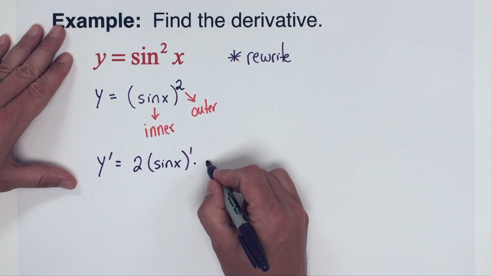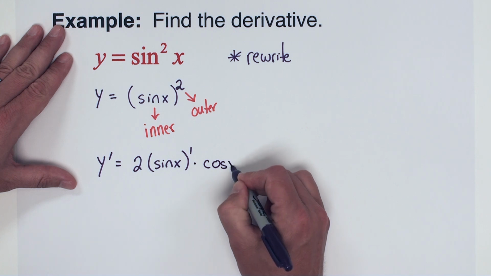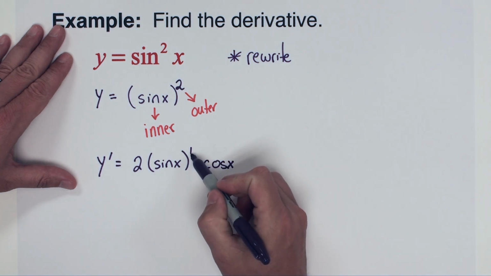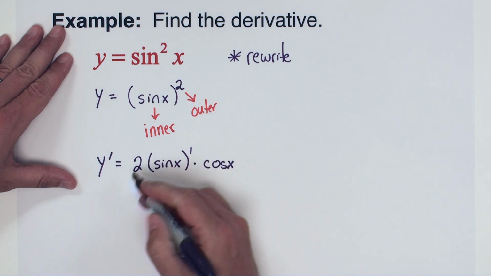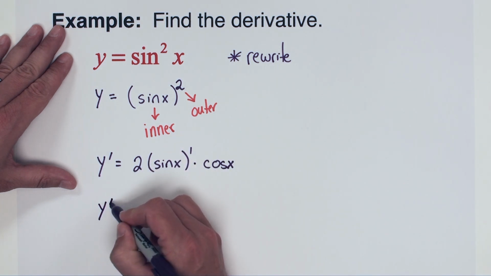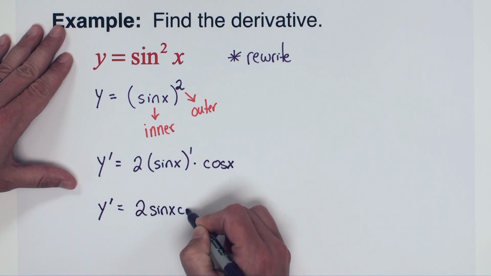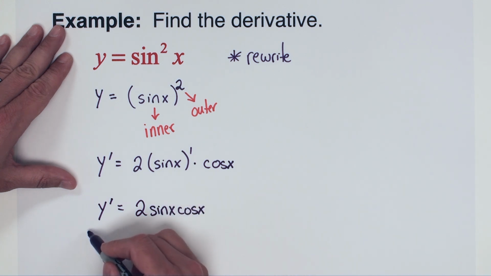So the derivative of sine x becomes cosine x. We multiply those together. I do any sort of algebraic cleanup that I can do, and there's really nothing I can do here except maybe get rid of the power 1 and drop these parentheses. So I would make this 2 sine x cosine x.